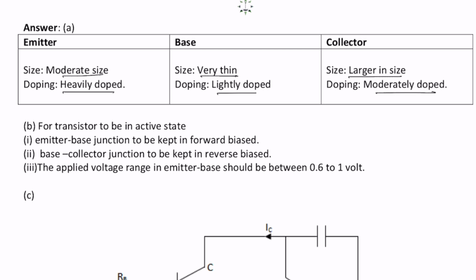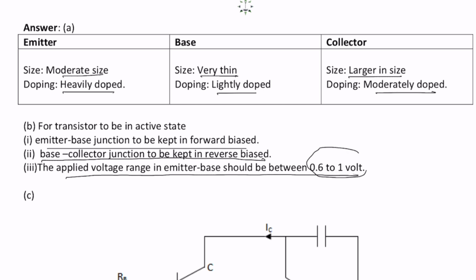Second, for the transistor to be in active state, the emitter-base junction must be kept in forward bias; only then the drive can happen. The base-collector junction must be kept in reverse bias. The applied voltage in the emitter-base should be between 0.6 to 1 volt. This is the operating voltage required, correct? So this is the condition for the active state of a transistor.